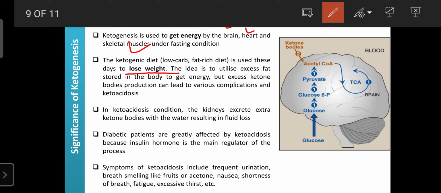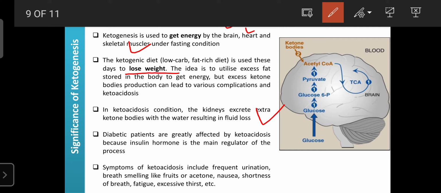In ketoacidosis, the kidneys excrete extra ketone bodies with loss of fluid. Due to more production of ketone bodies, that condition is known as ketoacidosis, and ketoacidosis is responsible for damage to the brain, malfunction of the liver, and it can cause loss of more water or fluid through the kidney.